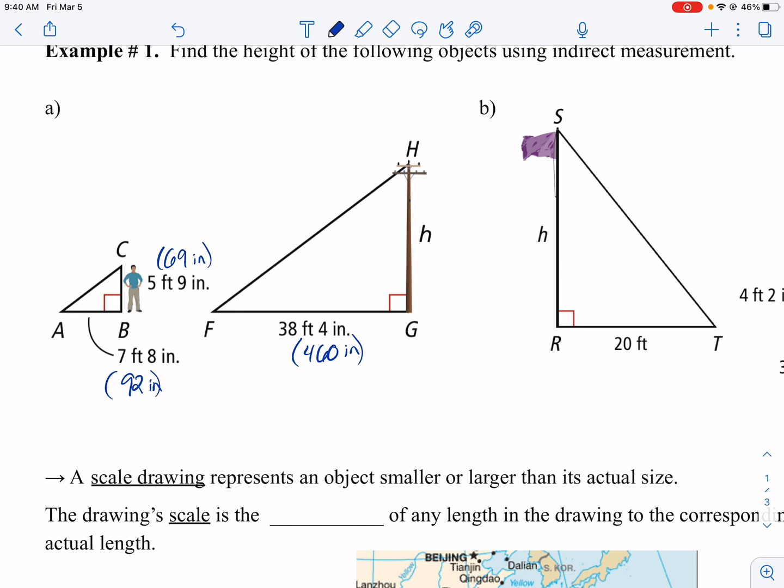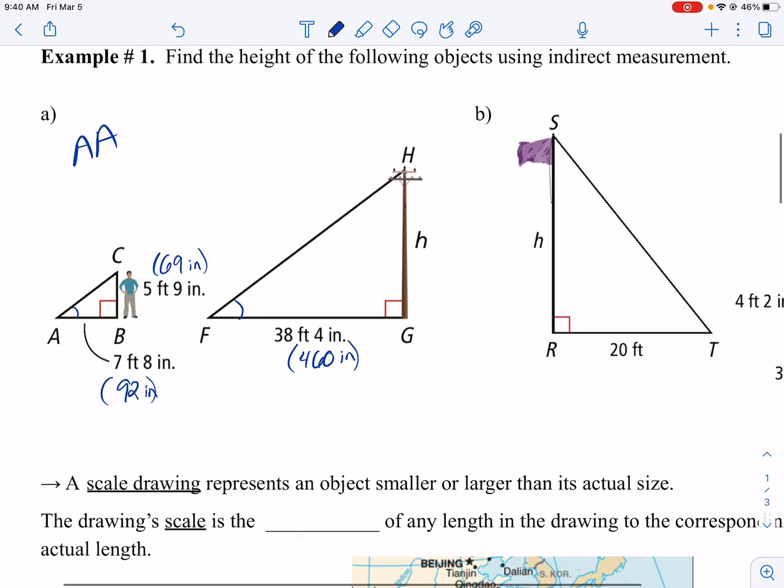Okay, again, we know that these two triangles are similar because you have angle similarity. You have the angle that's formed with the ground, and if this is the length of the shadow down here, you know that the angle is formed with the ground from the shadow all the way up to the top of this person and of the light pole. It's going to be the same exact angle. You're standing in line.